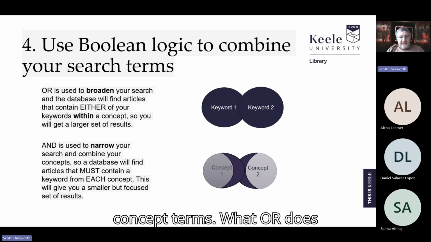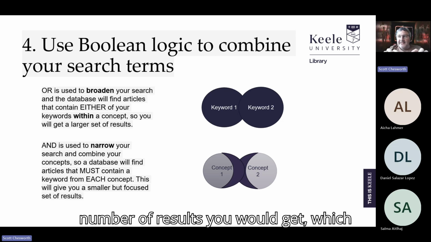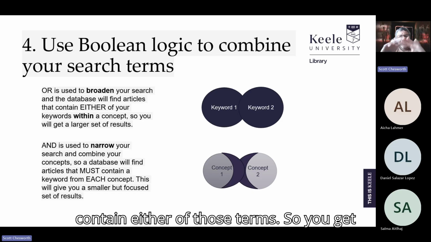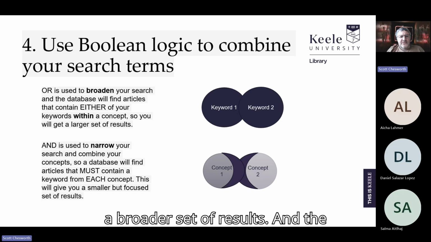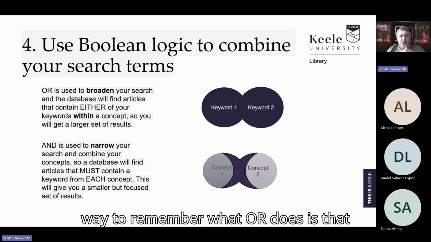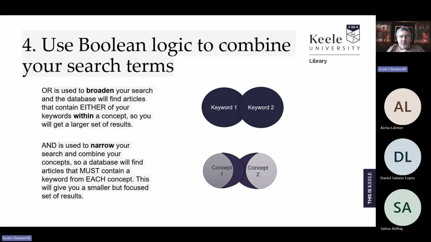What OR does is it broadens your search out. If keyword 1 was fever and keyword 2 was high temperature, the shaded area indicates the number of results you would get which contain either of those terms. So you get a broader set of results. And the way to remember what OR does is that OR means more.